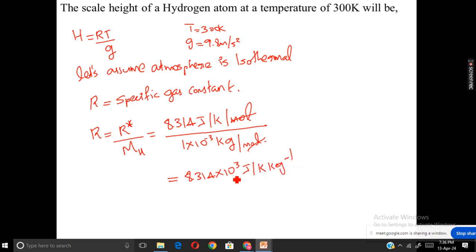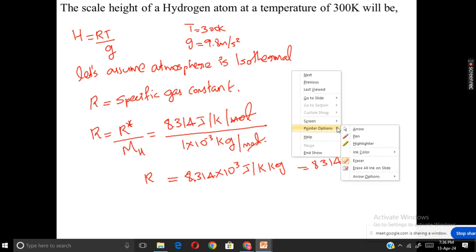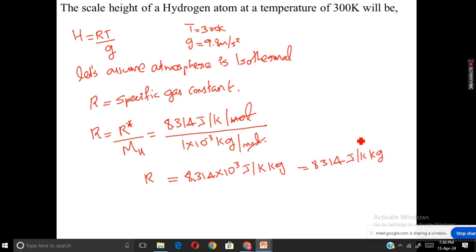So this will be the value of R, 8.314 into 10 raised to 3, or 8314 joule per Kelvin per kilogram. Yeah, that is the value of R.